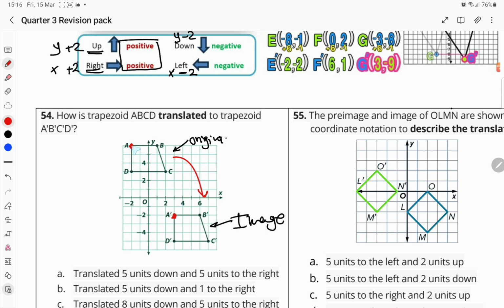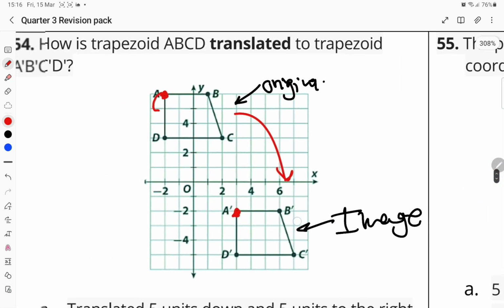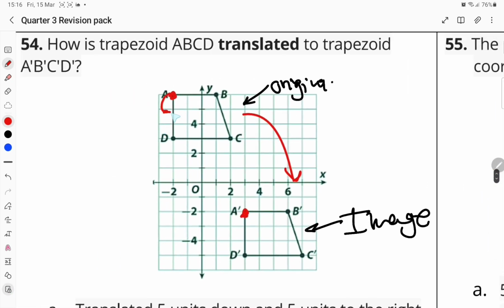What happened on the y-axis? How many steps did we go down? Count. Let's zoom in a little bit. 1, 2, 3, 4, 5, 6, 7, 8 steps down. And how many steps to the right?